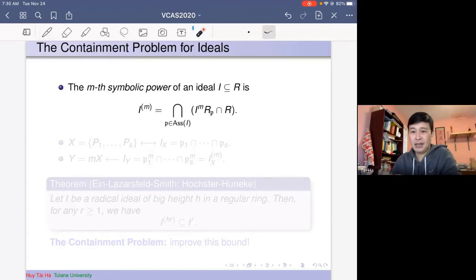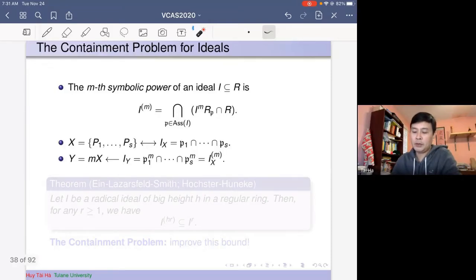Now, there's a slightly different notation or definition that uses the minimal primes instead of associated primes. So to avoid any discrepancies, I'm going to focus on radical ideals. And for radical ideals, there's no difference between these two definitions, particularly for the defining ideal of a set of points. So let me remind you that X is a set of points P1 up to Ps.